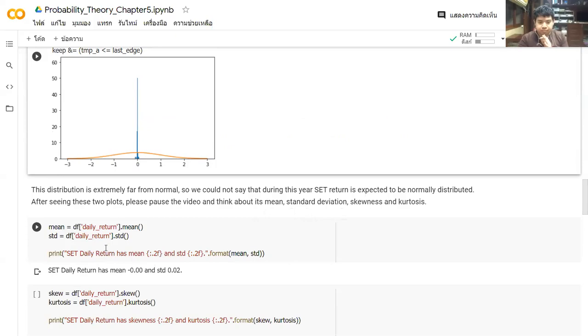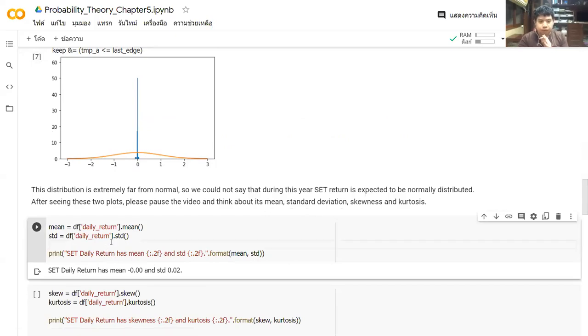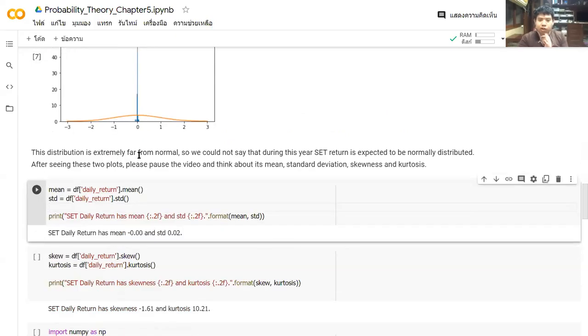So this distribution is extremely far from the normal. So we cannot say that during this year, SET return is expected to be normally distributed. If you invest in the SET with a belief that it is normally distributed, you are in a trap.